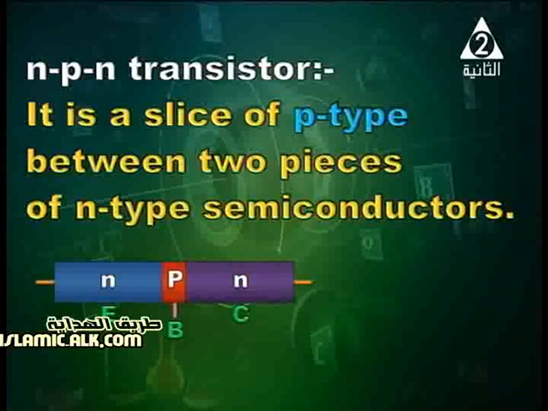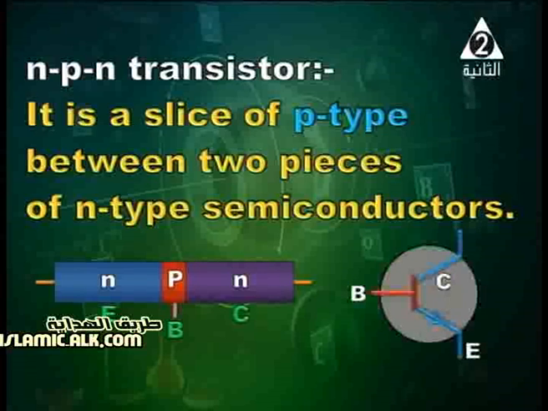What about the electronic symbol? It is given in a circle, and pay attention to the direction of the arrow on the figure. This is the first type of the bipolar junction transistor.